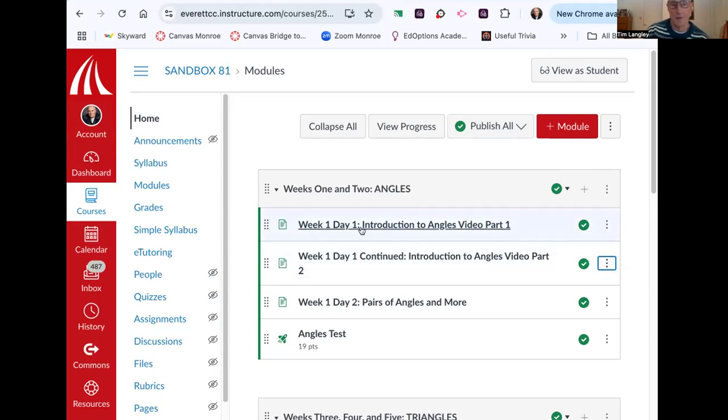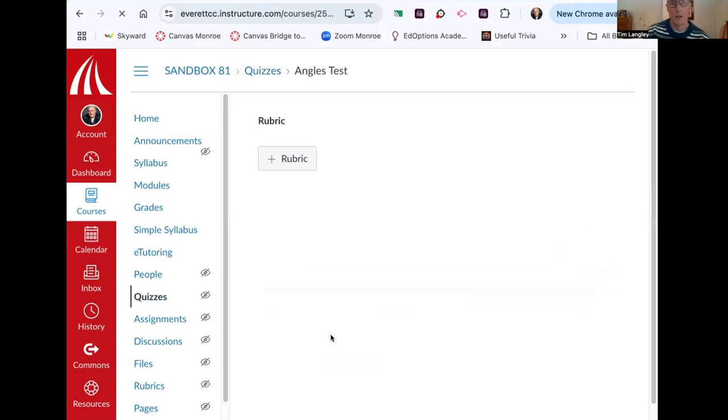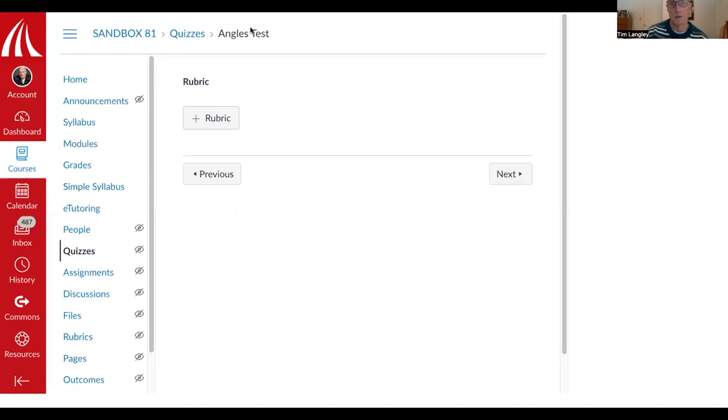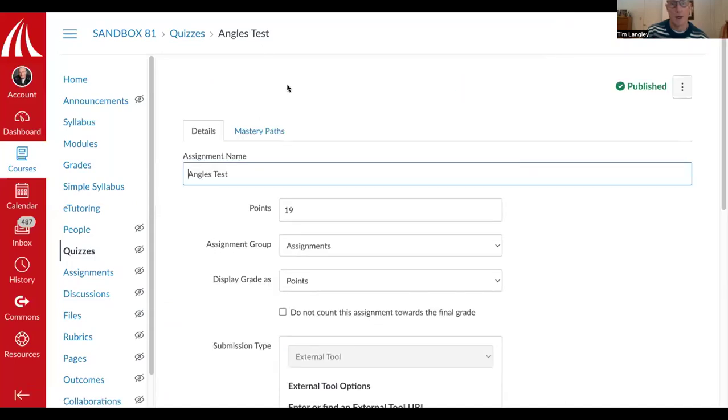But at the end of the first 2 weeks is an angles test. This is what it's going to look like for you. You're going to click on it. Let me see if I can expand this to the whole screen.